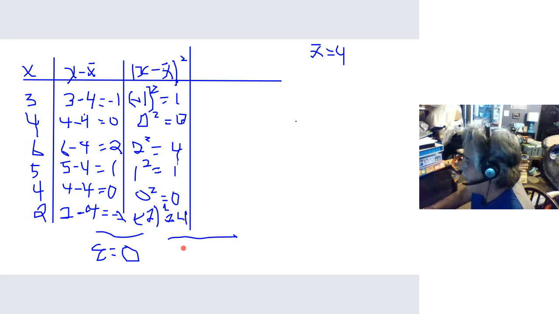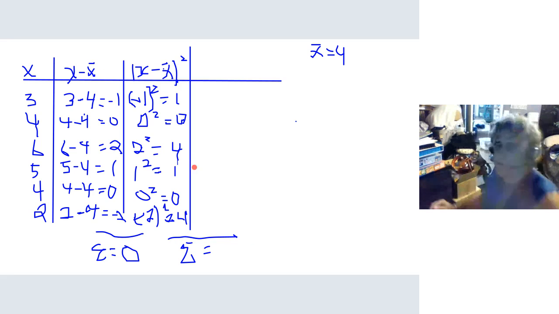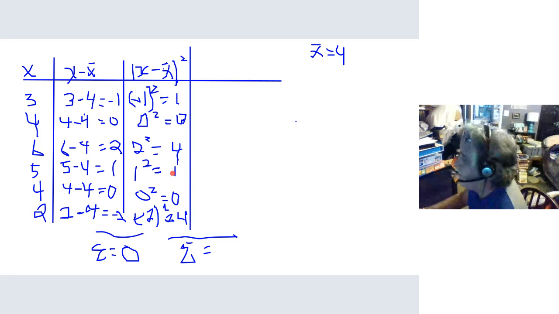Now, the sum of these, and again, that's the capital sigma, it just means sum. What happens when you add all these up? 1 and 4 is 5, and there's 6, and another 4 is 10. All right.